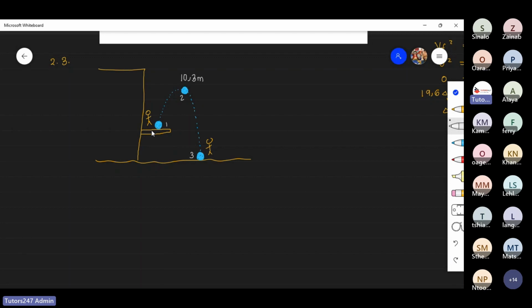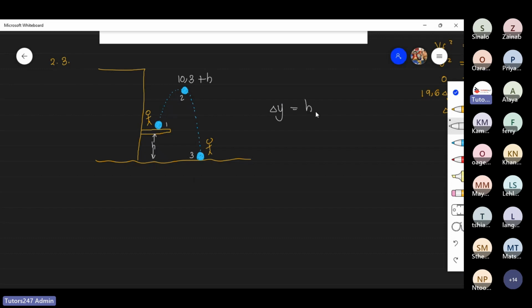So let us say that this is h. Let us assign the height of the balcony as h, which then means that the height above the ground of 0.2 is now going to be 10,3 plus h.